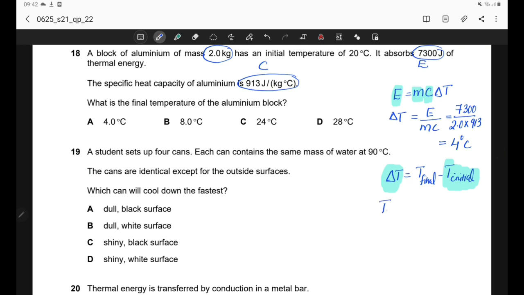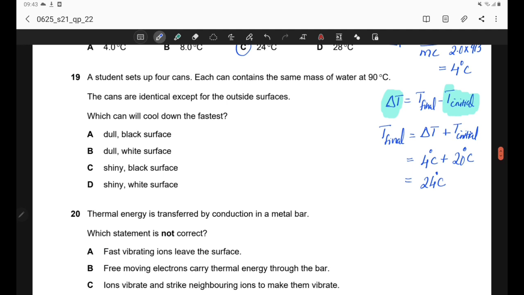So we will get final temperature is equal to change in temperature plus initial temperature. This initial temperature will go to the other side of the equation, so it will become plus. Now, the change in temperature we have calculated is 4 degrees Celsius, plus initial temperature given 20 degrees Celsius. So the final temperature is 24 degrees Celsius. Correct answer is option C.